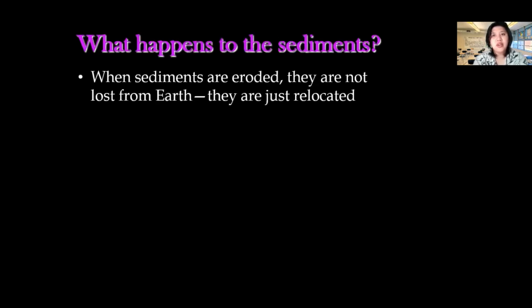So here is the next thing that would happen to the particles. Particles of rocks can also be called sediments. Sediments will be eroded, and they're not really lost from Earth, but just relocated.